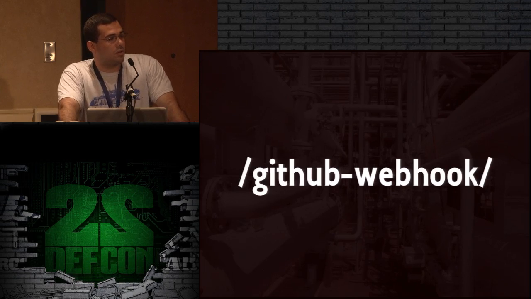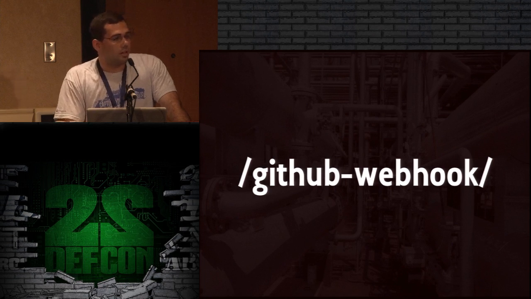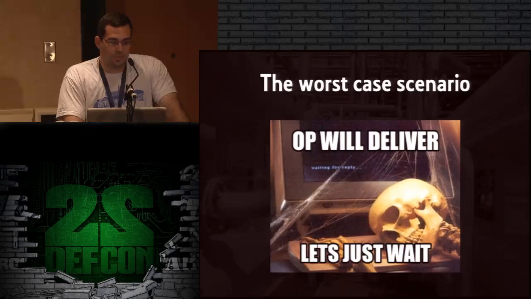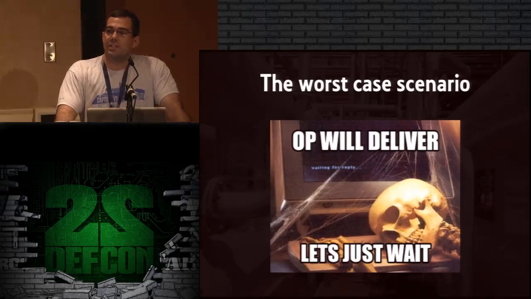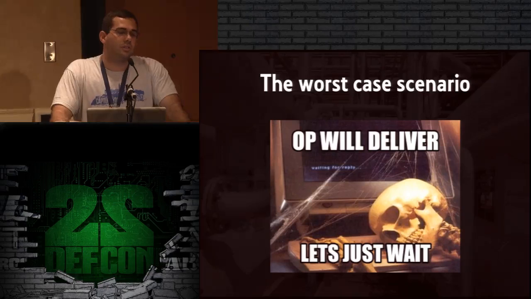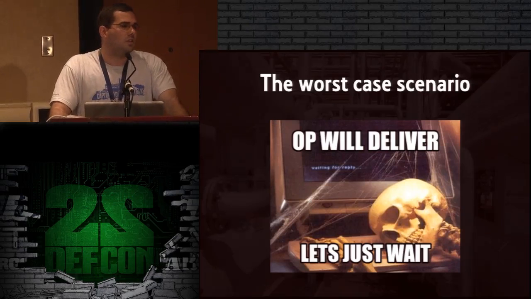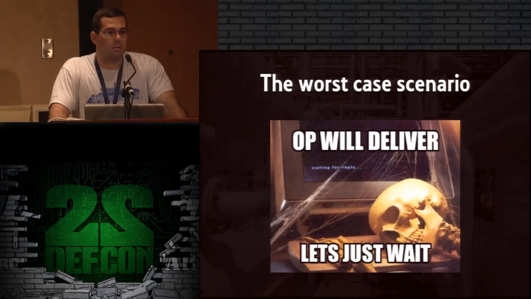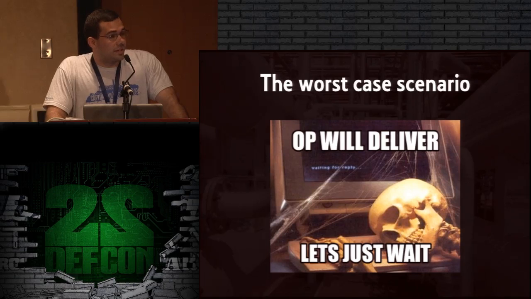So if you can forge that POST request, you can beat the gate, trigger a build, and compromise the Jenkins server and all things attached to it. The worst case scenario is that there is no continuous integration, no deployment system, just a repository that you want to compromise. Sneak in your code, hope no one sees it, and it might propagate.